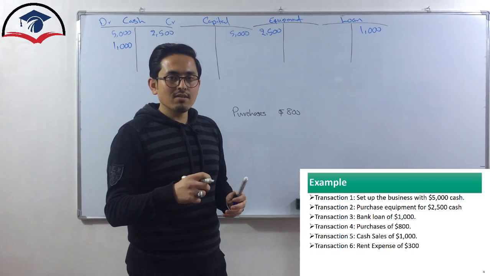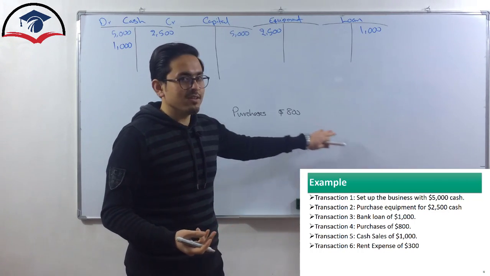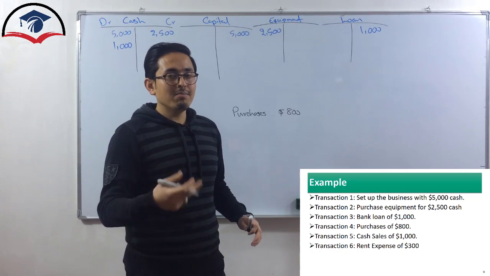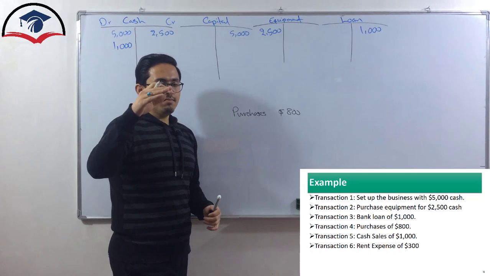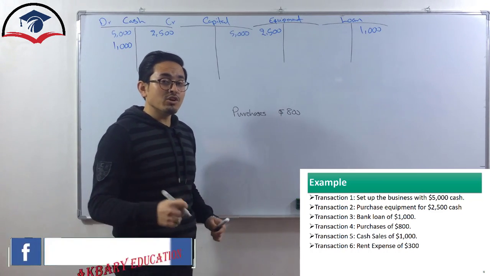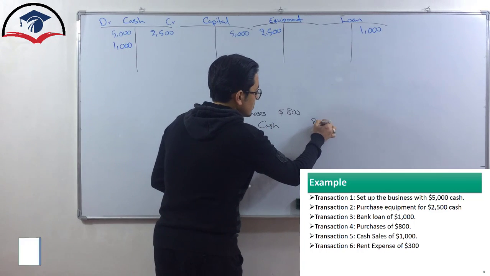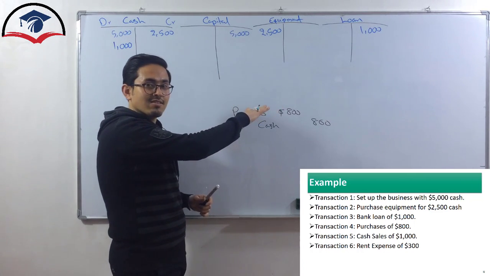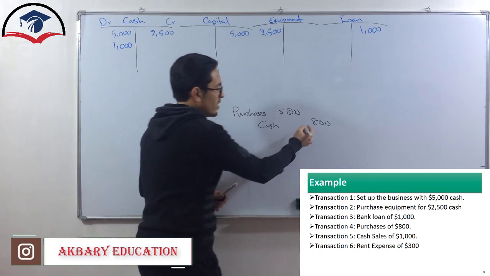If it's on credit, it means that's a liability for you. So you will write it payable, and payable increase in liability was credit, but now it's cash, and my level of cash has been decreased. That's why cash is credit. Expense and asset, increase debit, decrease credit for $800.